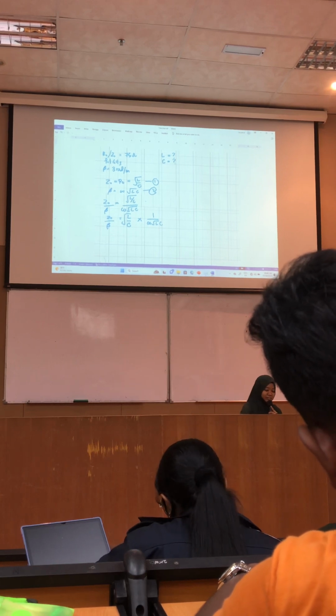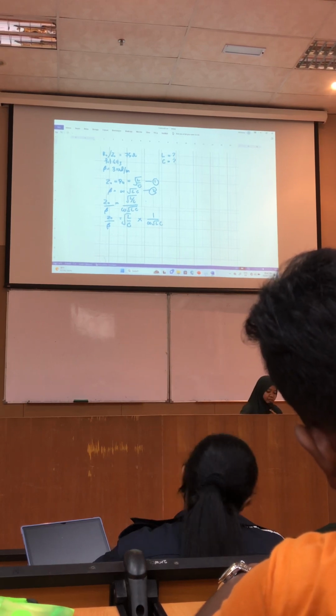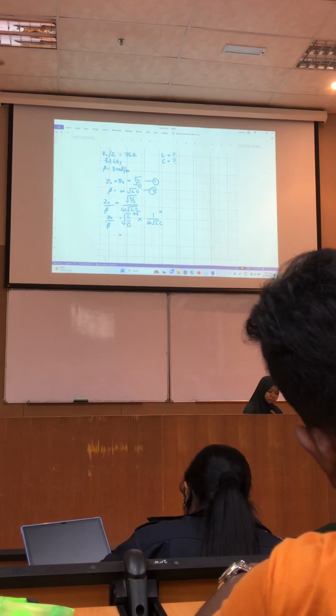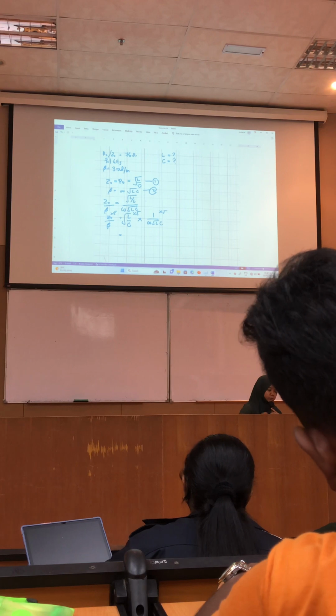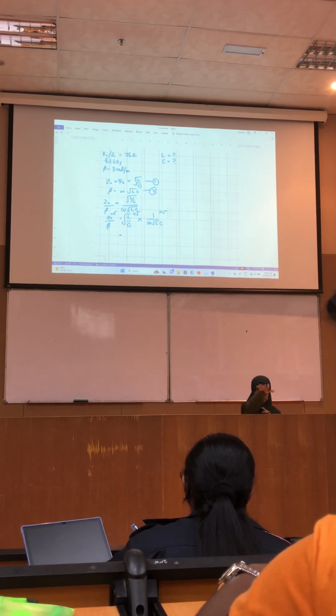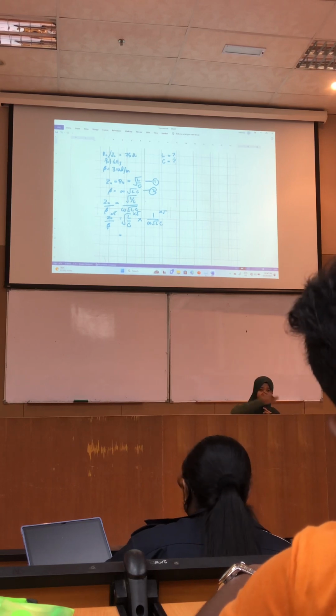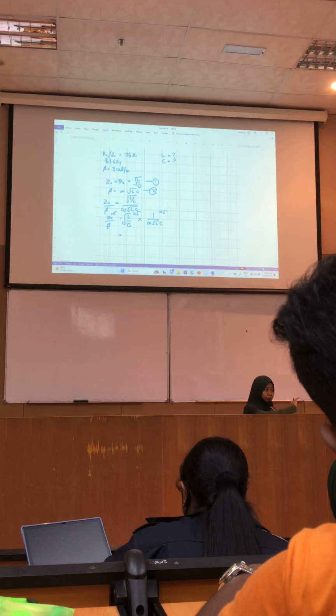Okay, good. Like I said earlier, I don't like the square root, so we times by square root on both sides. If substituting is easier, substitute. I show this step by step because some cannot follow the substitution.